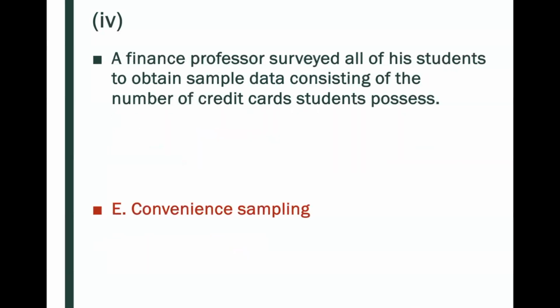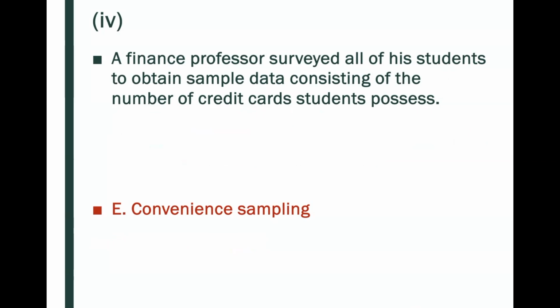A finance professor surveyed all of his students to obtain sample data consisting of the number of credit cards students possess. This is an example of convenience sampling, which is basically getting a sample from what's convenient.